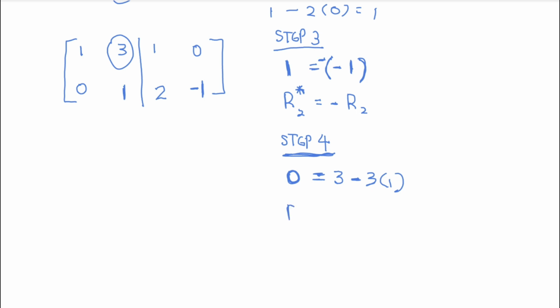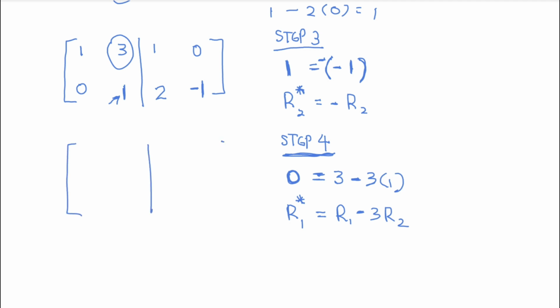What is 0? 0 is the new element, and then 3 is the old one. That's the difference between star and no star. And then minus it with 3 as a constant, row 2. Row 2 because here is 1 already. That's why we obtain 1 first, and then we obtain the 0.